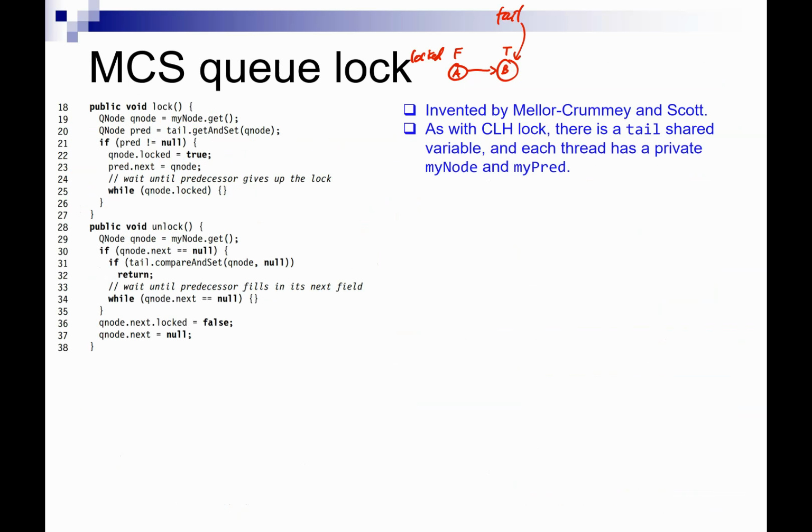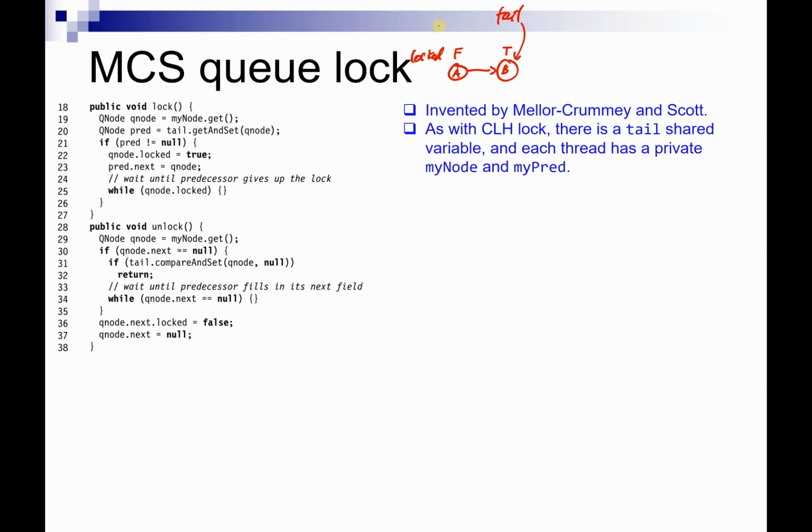Now for the MCS lock, you don't look for the head of the queue. Rather, you see that these arrows are reversed. The arrow goes from the head to the tail, because here you have a.next. Let me make this a bit nicer.